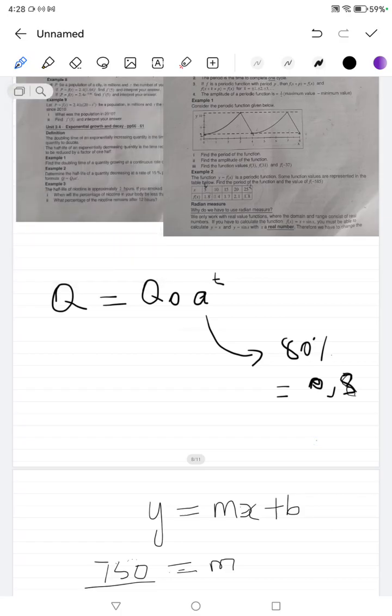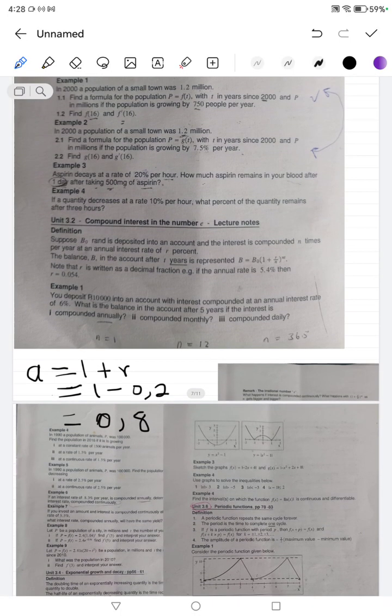So now that you know that one, what's the initial? Remember, this is your initial amount. Let's reread it: aspirin decays at a rate of 20% per hour. In this example, you're going to be working in hours. How much aspirin remains in your body after 1 day?